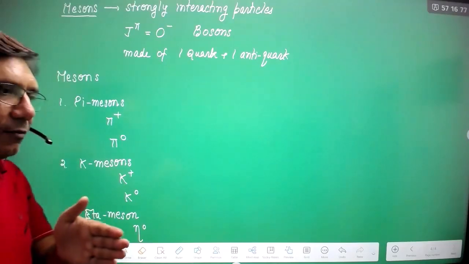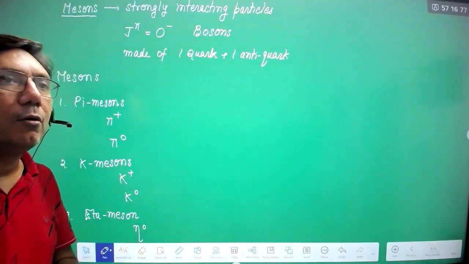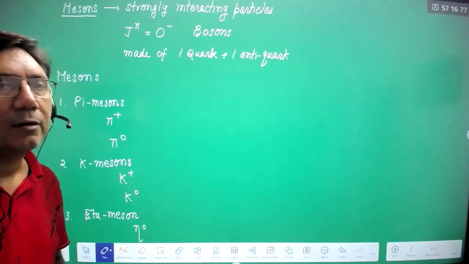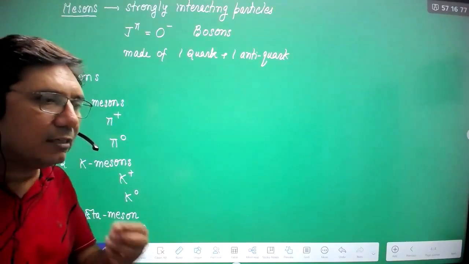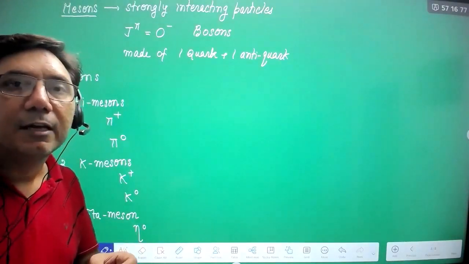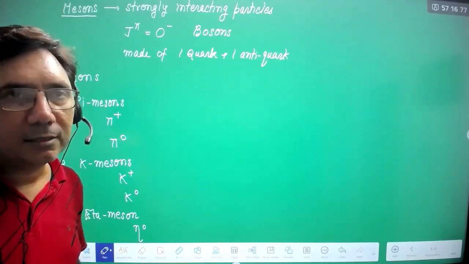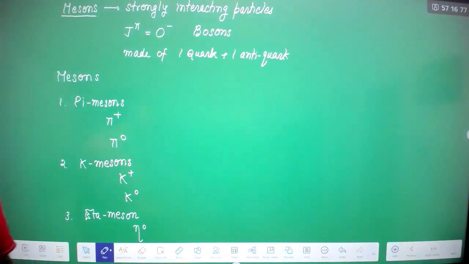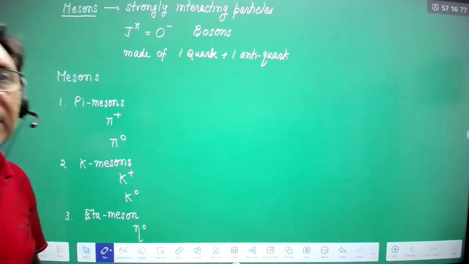Later on, after one class, I am going to discuss one more category of meson. They are called D mesons. D mesons are those mesons whose internal structure consists of a charm quark. They are relatively heavy with respect to these.